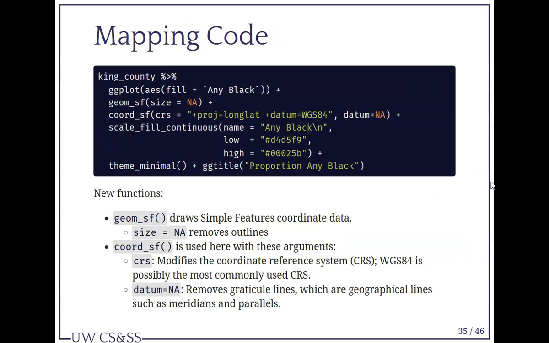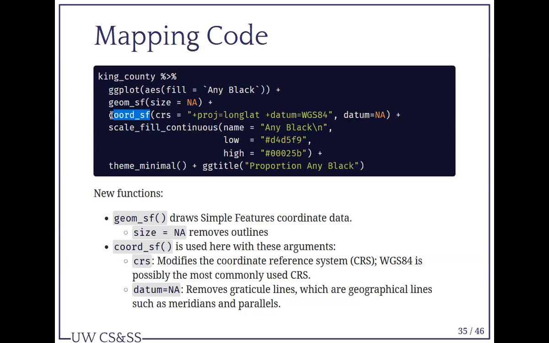And then we'll map it. We'll take our King County data and then create a ggplot and fill with our any_black variable, add our geom_sf, and note that it already looks for our geometry column and uses it. I didn't have to tell it that like you need to use this geometry column. It recognizes that this is a special feature and found it for us.